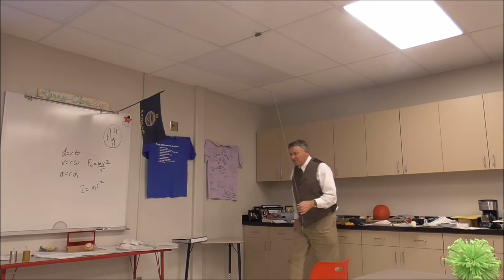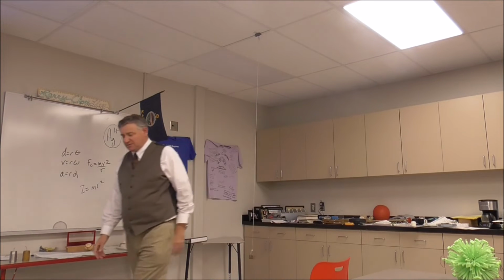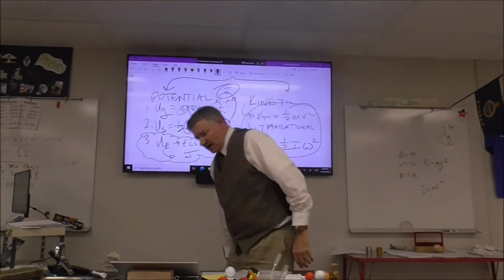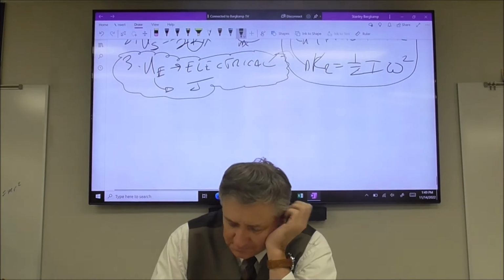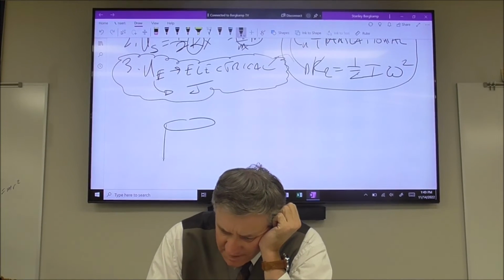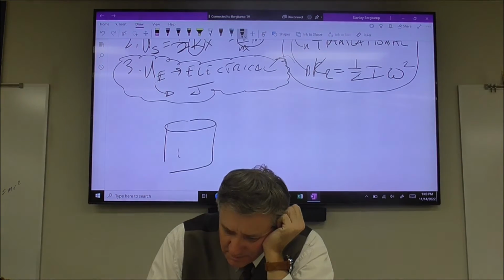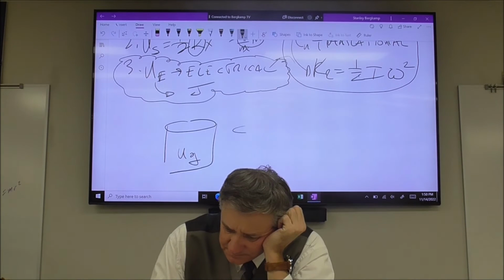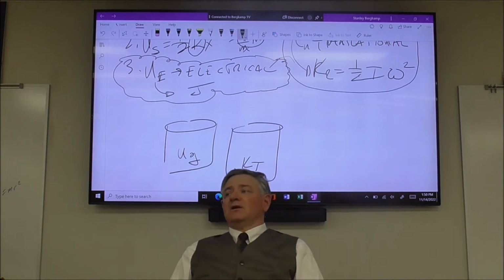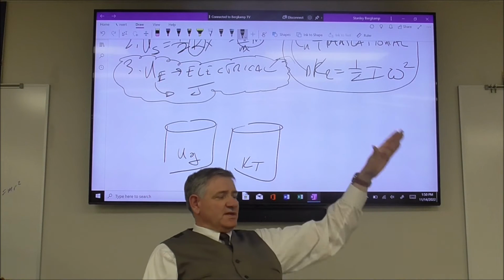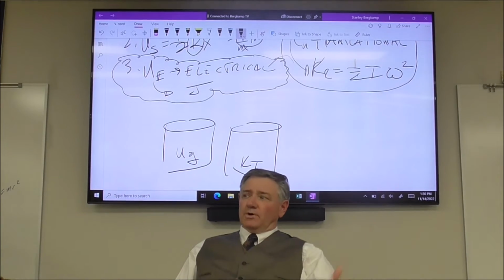One of the things you can do is talk about energy in terms of containers. Imagine that we're going to have two containers: a U_G container and a kinetic energy container. When I lift that thing up, did I do work?